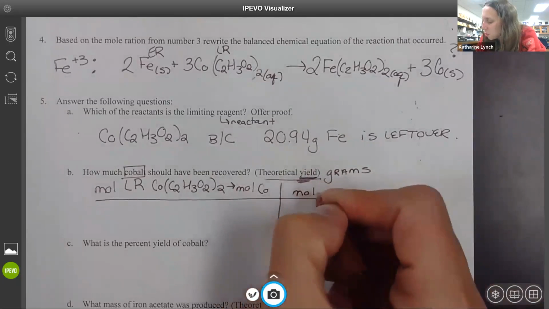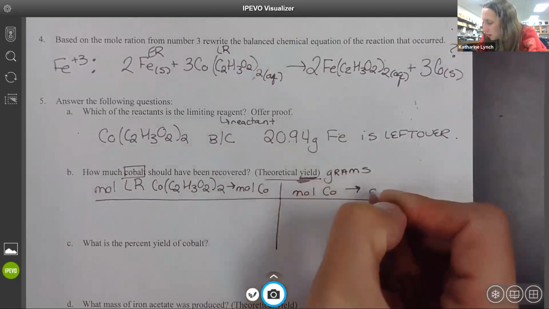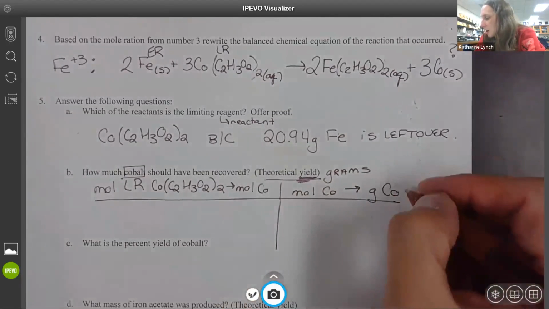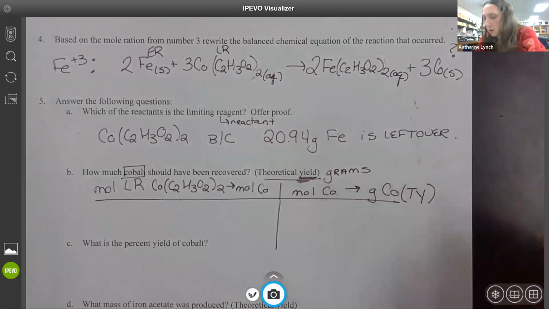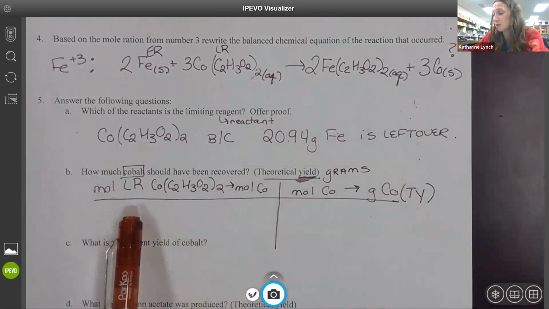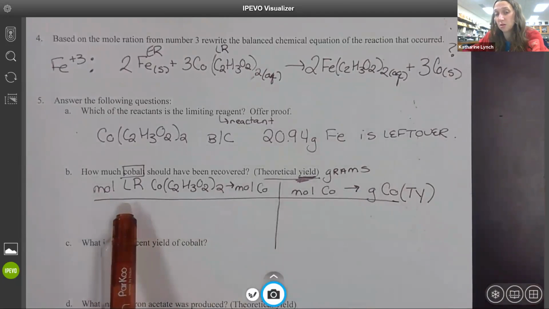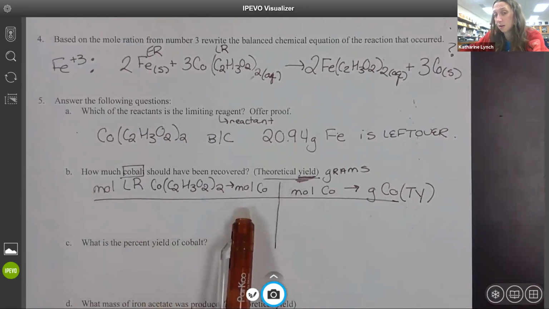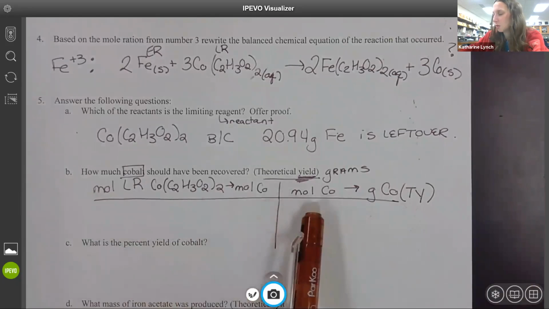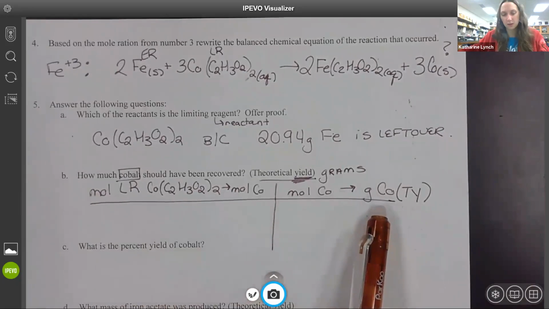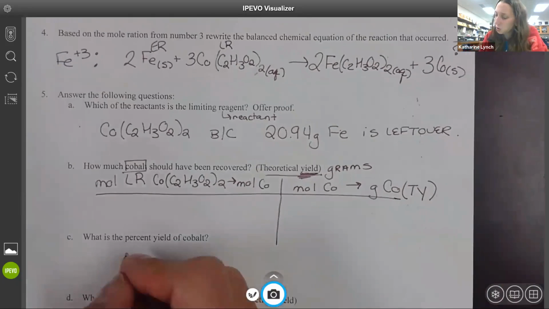And once I know my moles of cobalt, I'll be able to calculate my grams of cobalt, and I will then know my theoretical yield. Perfect on paper. And again, if you know the limiting reactant, you don't have to do the BCA table to do your mole-to-mole ratio. You can just start with your limiting reactant, use that all up theoretically to make your moles of cobalt to grams of cobalt.